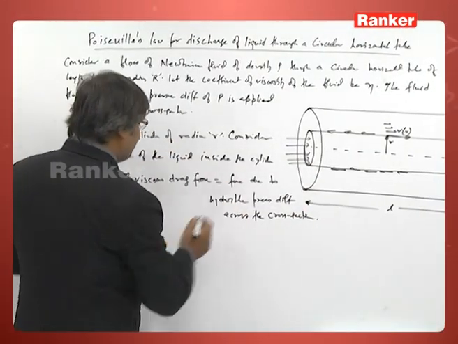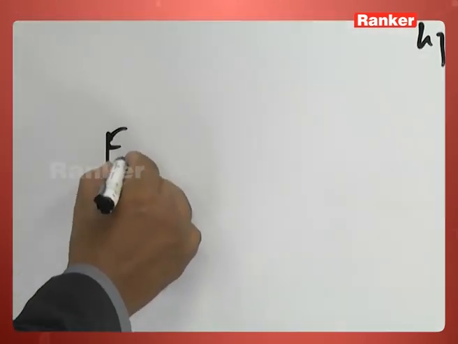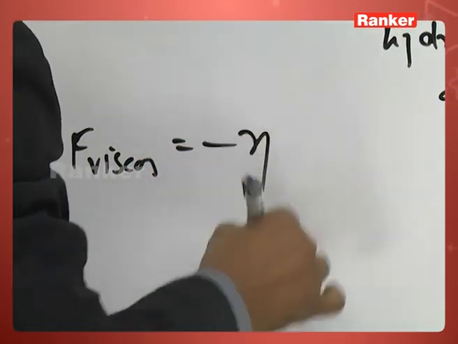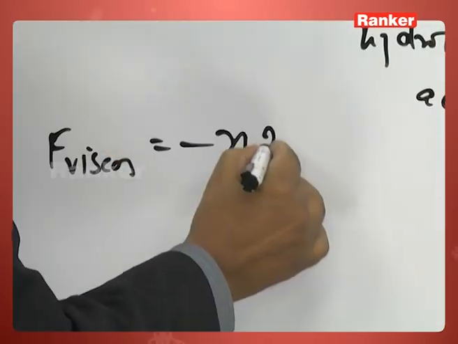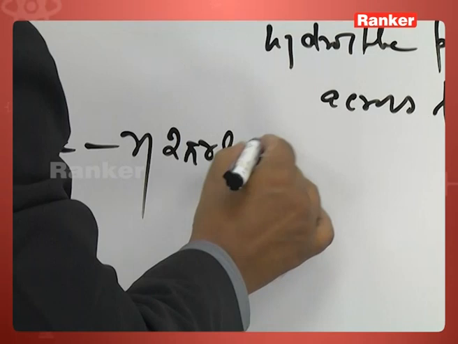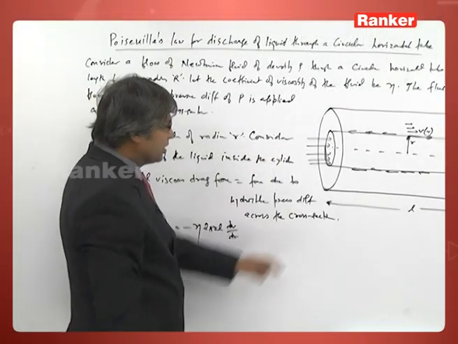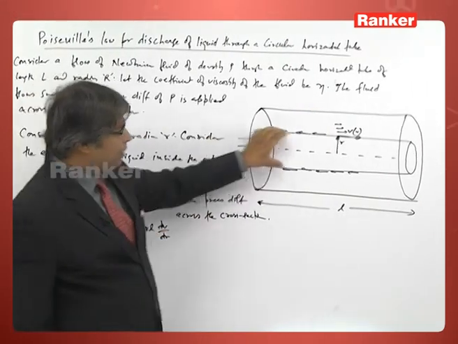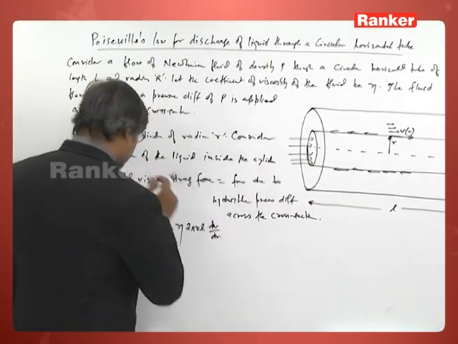So you see here the viscous force F will be minus eta times area. The curved surface area is 2 pi r L and the velocity gradient is dV by dr. As you go away, the velocity gradient normal to the flow is dV by dr. So, very important, normal to the flow.